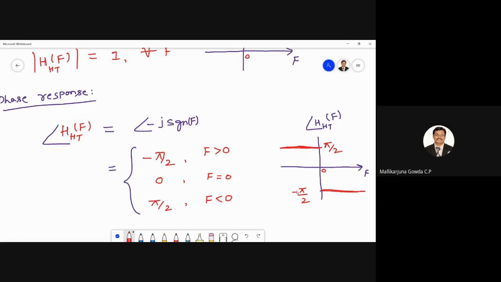That is what we can conclude from this. That is how we say this Hilbert transform provides plus or minus 90 degree phase shift for the input signal which is passed through a Hilbert transformer. Hope this point is clear.